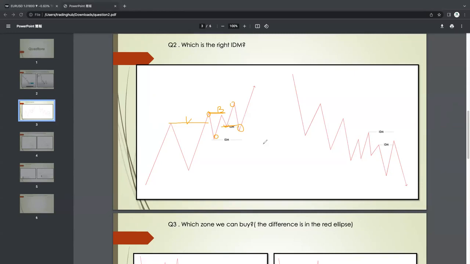Okay, and sometimes what happens is the market takes out this major structure, this major inducement, which is here, and then goes higher. So it depends on the situation, and these things happen most of the time in indexes like NAS100 and US30.